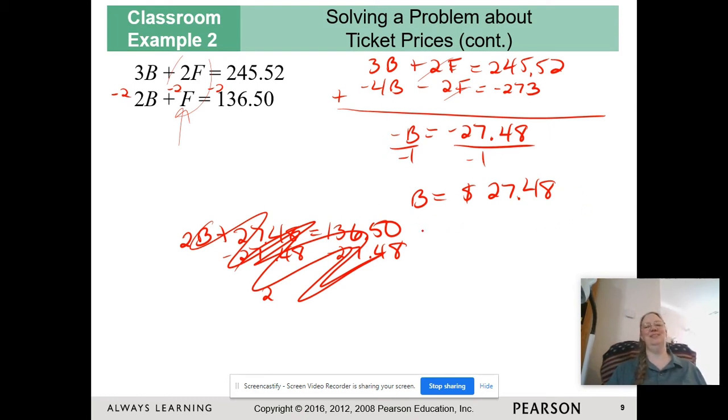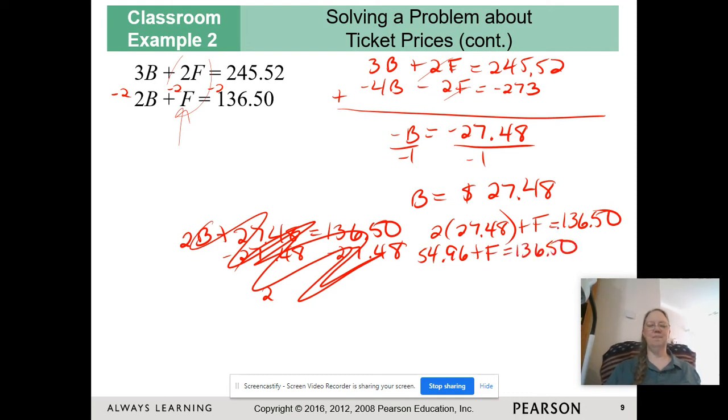My B is 27.48, not my F. You guys are supposed to catch me on this. So F is equal to 136.50 minus 54.96, which is 81.54.